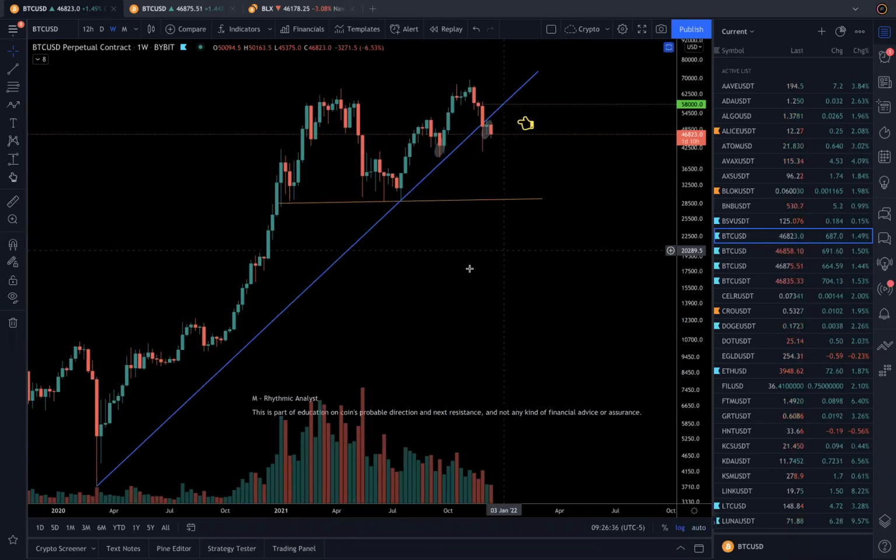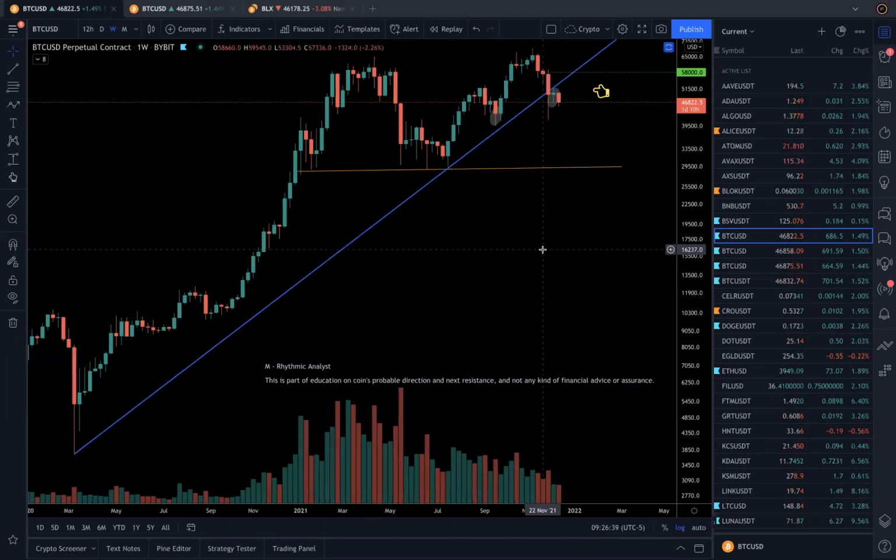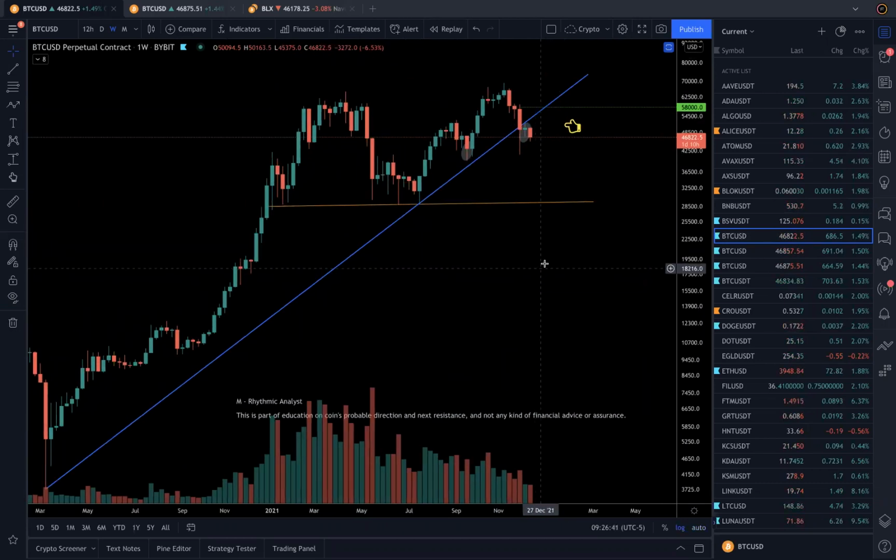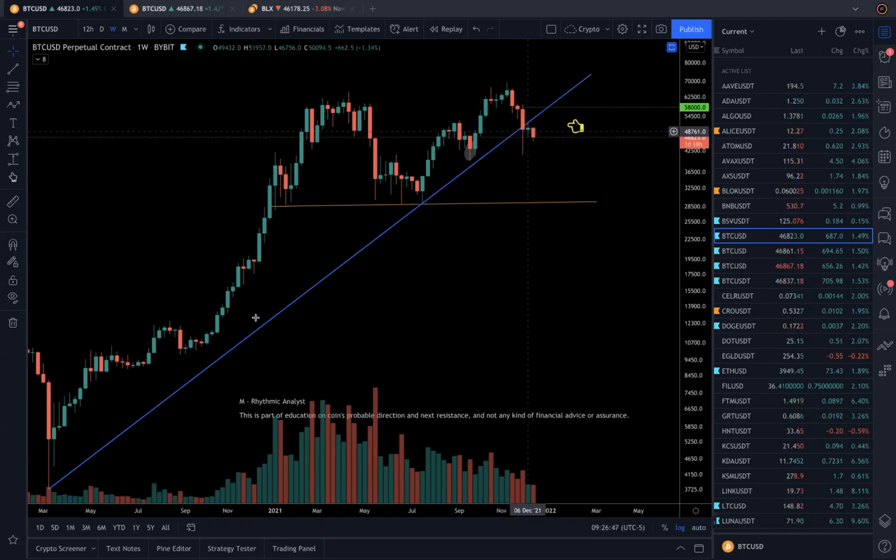You don't have to be very smart, and you don't have to know a lot of TA. Sometimes certain things are very simple to understand. If you look at this, this is the low, you connect this, and then you get this line, this angle, and the first one was able to bounce, this one is not able to bounce.